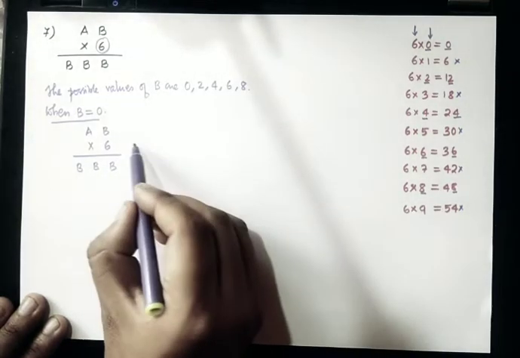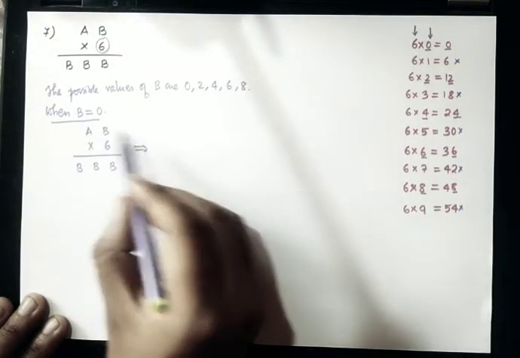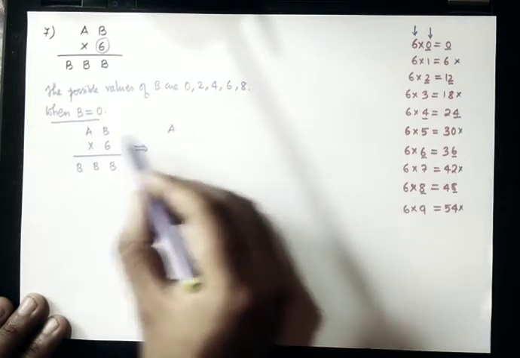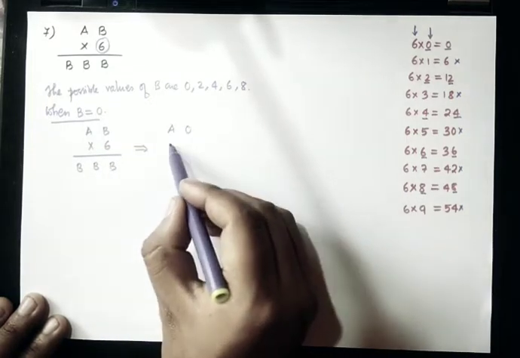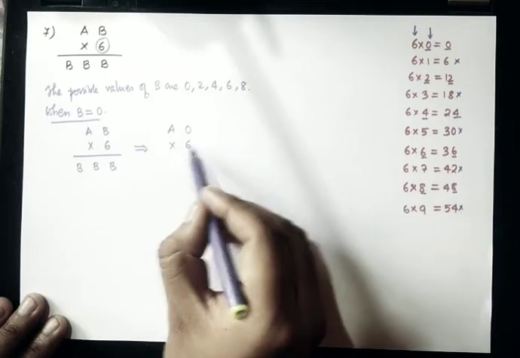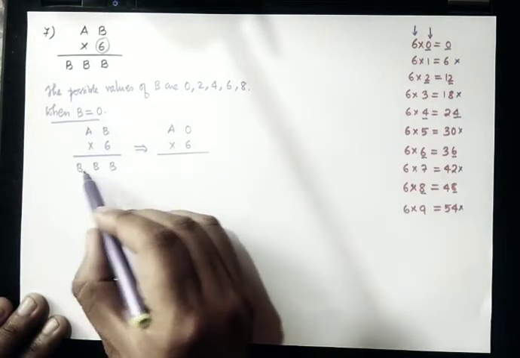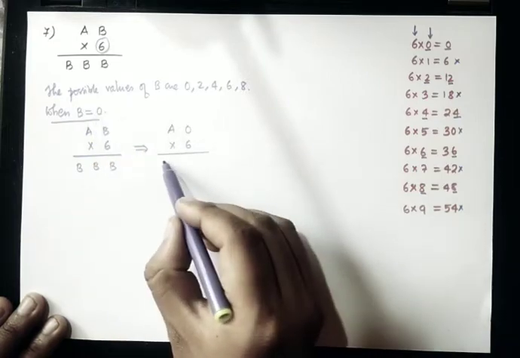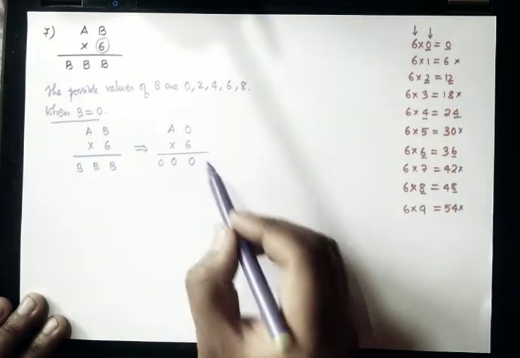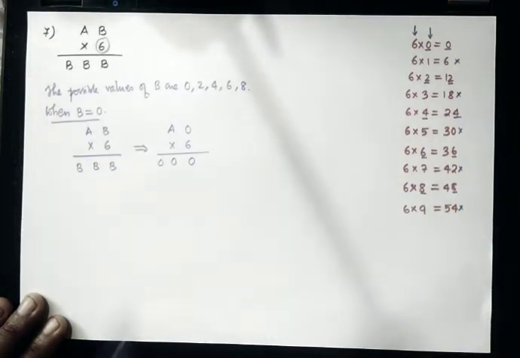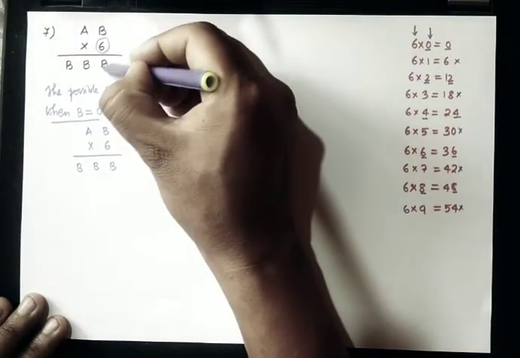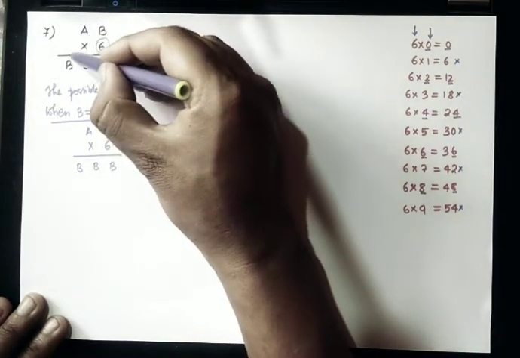In such case we have A, and what is B? B is 0 into 6, and the value of B is 0. So we have 0, 0, 0. Make sure that when you write, you align the numbers in their particular position.